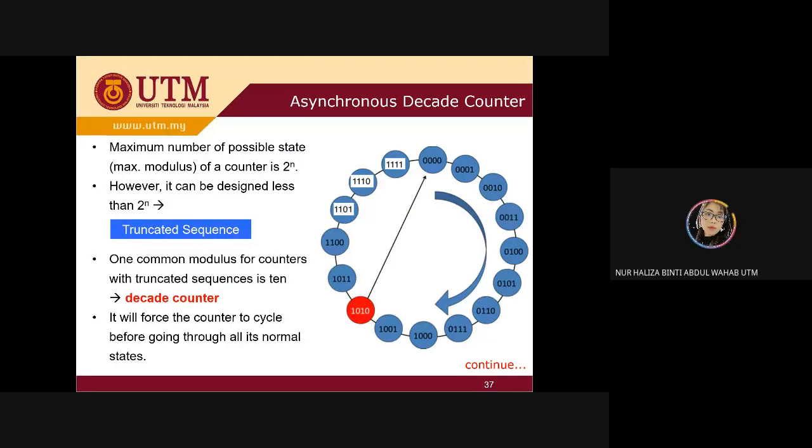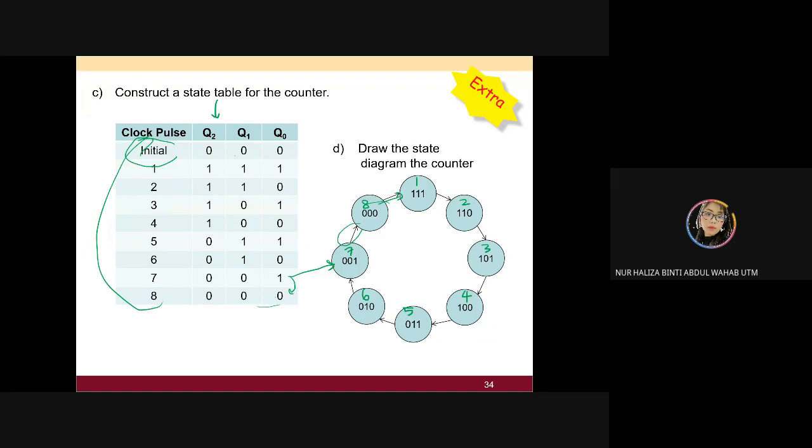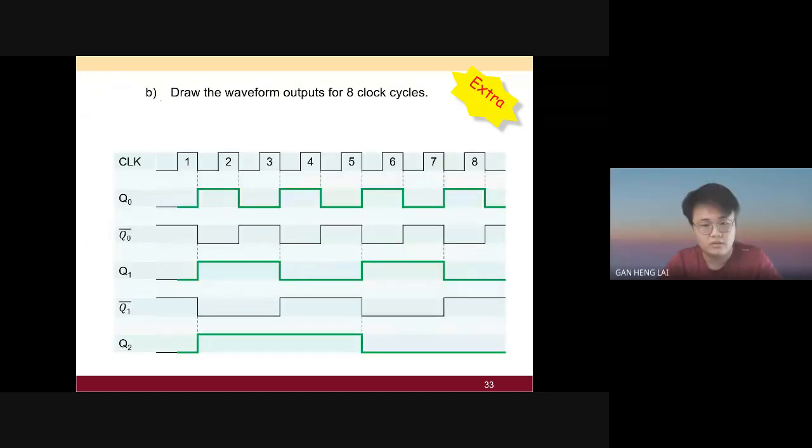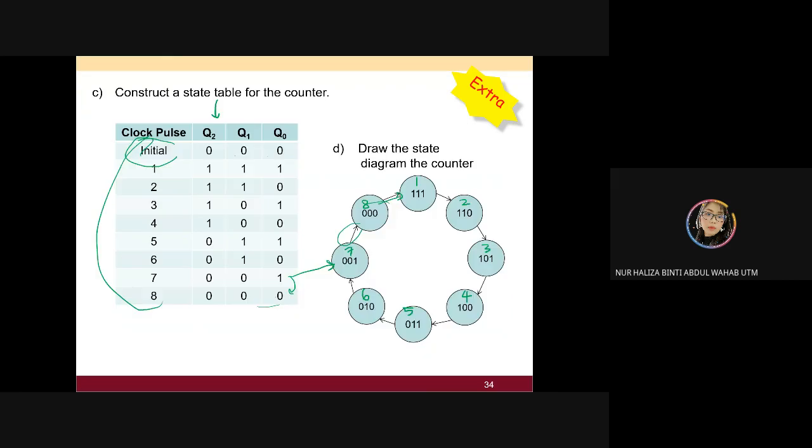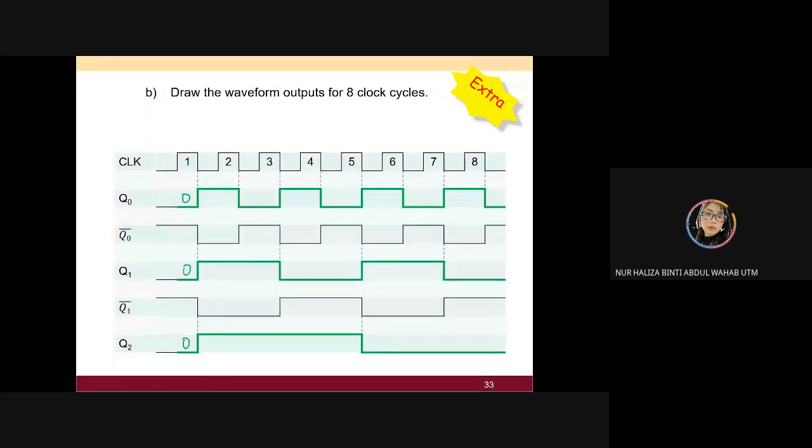Doctor, why, like, just now I see the state is 000 that you wrote, but why in the table is it different? Yes, supposedly it should be 0, 0, 0.